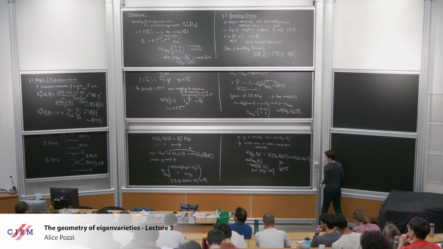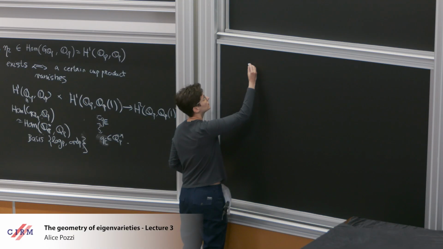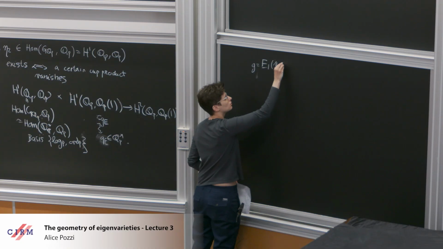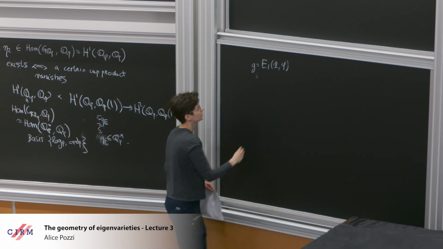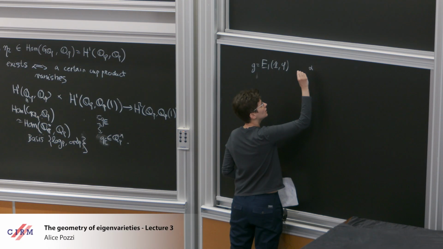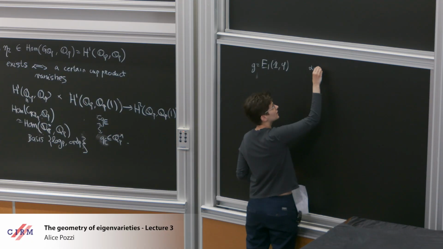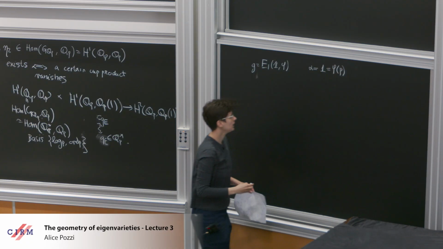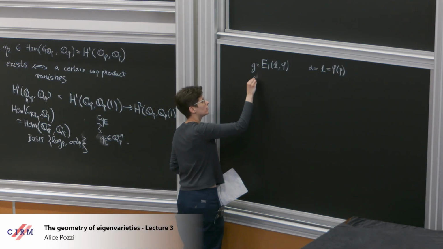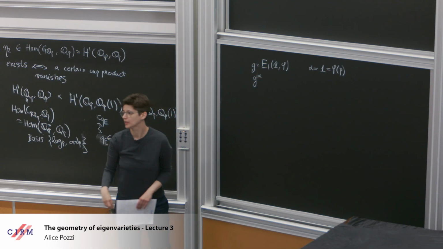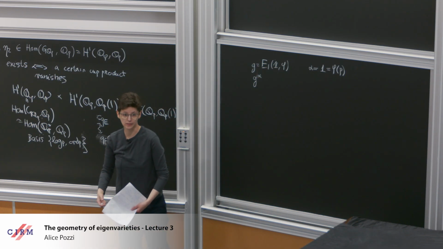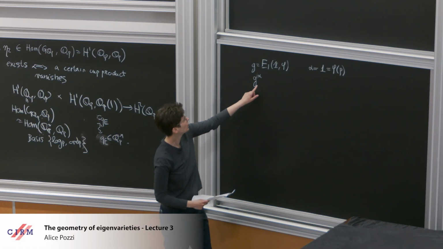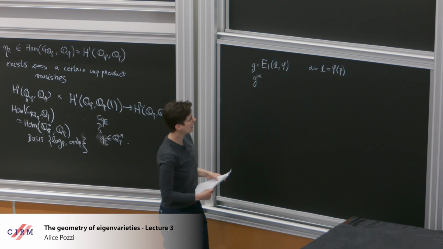So it turns out that, if I take E 1 phi, I'm now going to stick to the setting in which 1 is equal to phi of P, and I'm going to denote as G alpha the unique stabilization at P of level with P in the level.